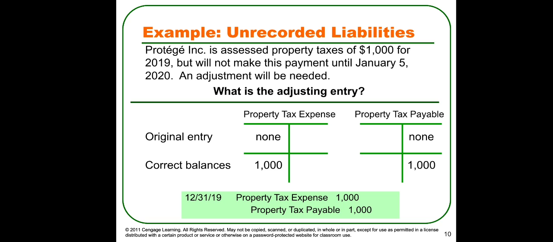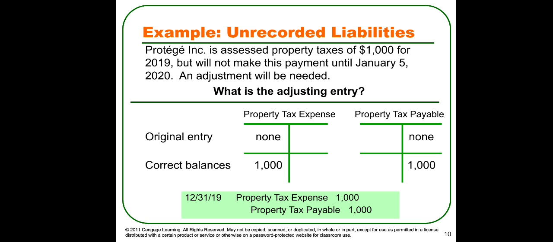The second entry is, the business will have to pay the $1,000 next year. So this is a liability for the business. If you have a business and at one time you have to pay something in the future, that is a liability.